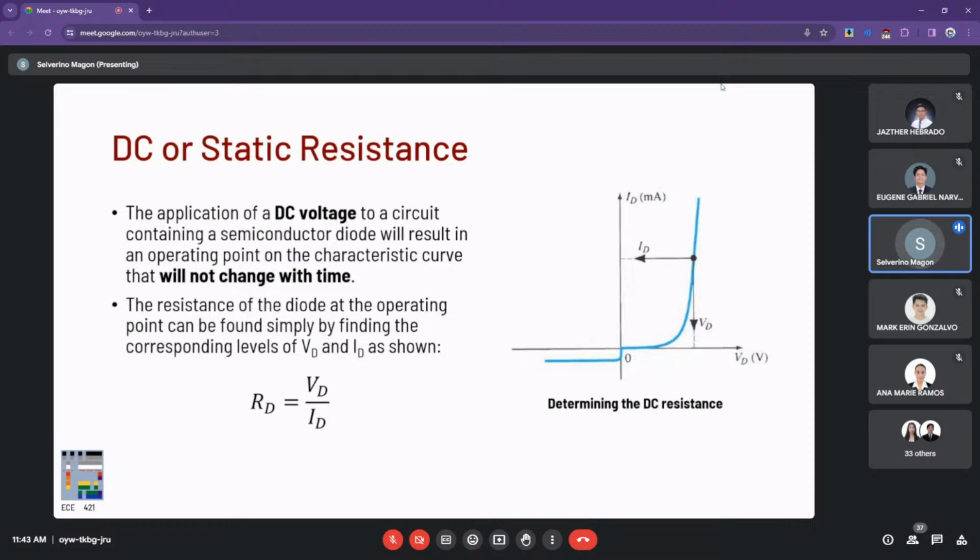In that case, you can apply the following equation. Basically, this is simple Ohm's law to describe the resistance values of our diodes if we operate at or above that defined region.